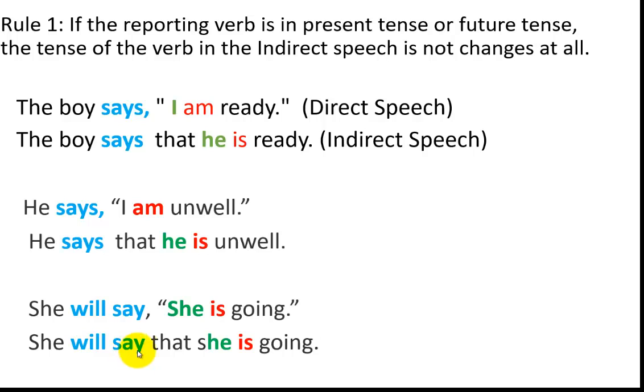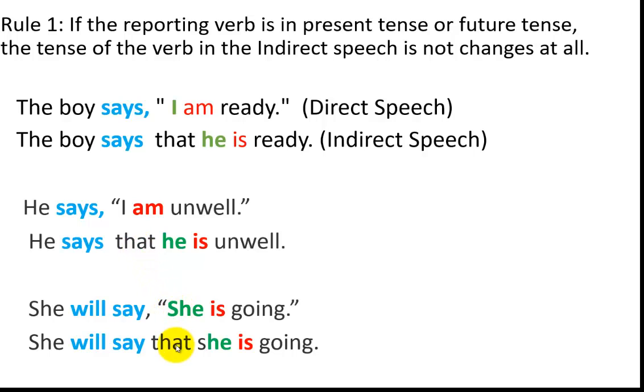She will say that she is going. So look, the reporting verb here is present or future tense. That's why the verb will not change. Only in indirect speech we put "that" here.